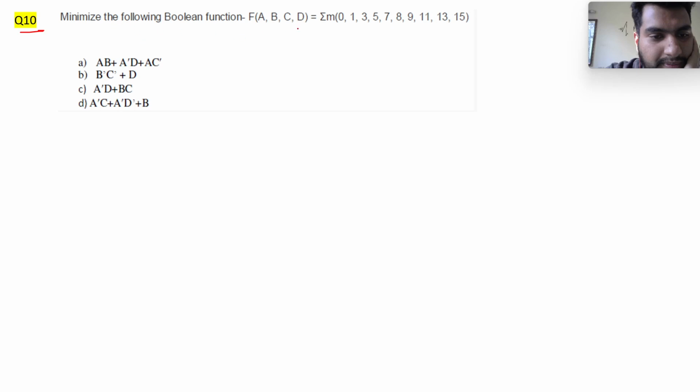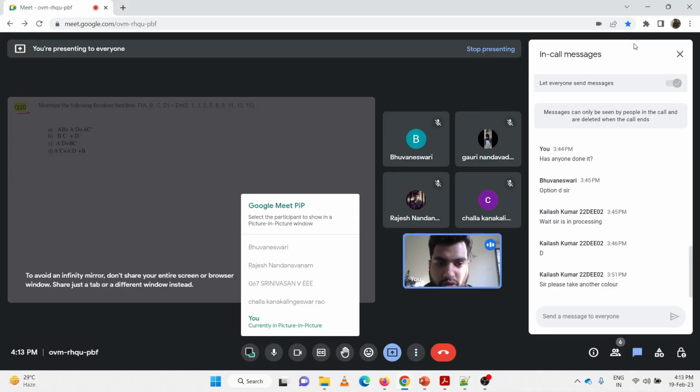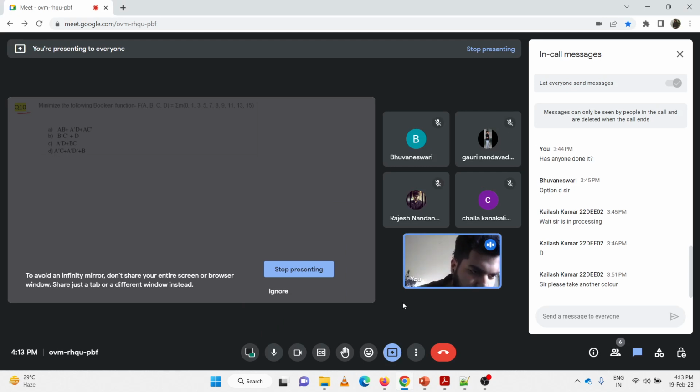Minimize the following Boolean function f of a, b, c, d, which is equal to the summation of minterms 0, 1, 3, 5, 7, 8, 9, 11, 13, 15. So minimize it, and you do it at your own place. It's 4:13. I'll wait for 4 minutes. It's pretty straightforward.